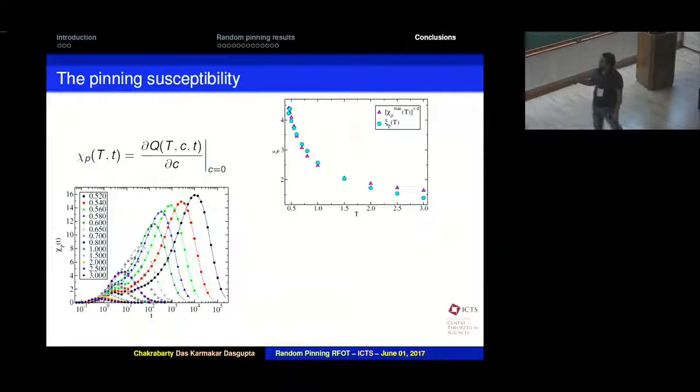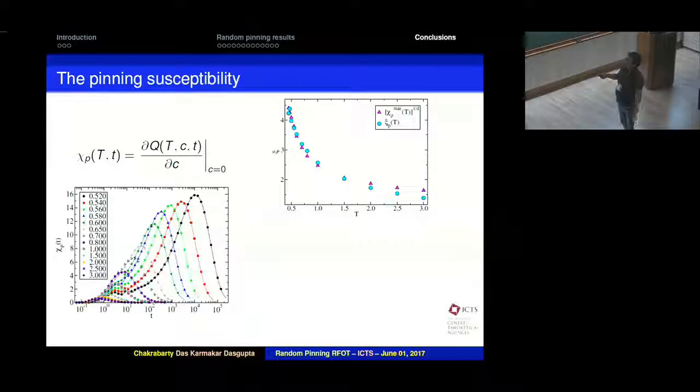For the usual strict pinning, the maximum of this quantity gives you the pinning length scale to the power 1 over d. That can be shown from the scaling collapse relation, and this is verified here for the 3D Kob-Andersen model. We have done it for the other models as well.